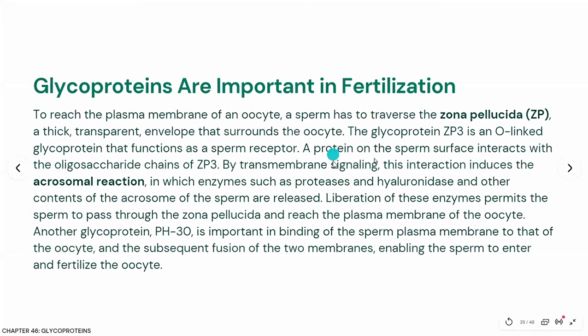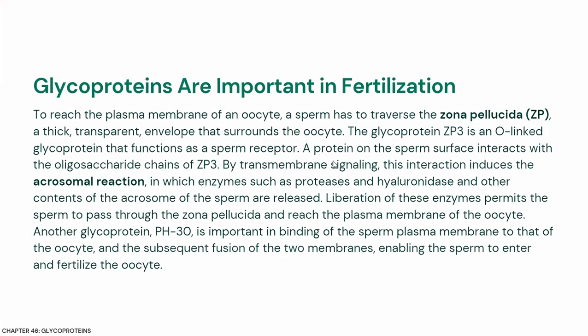A protein on the sperm surface interacts with the oligosaccharide chain of ZP3 by transmembrane signaling, and it induces the acrosomal reaction. Now that acrosome is on the head of the sperm cell. That acrosome contains enzymes that would digest the zona pellucida.